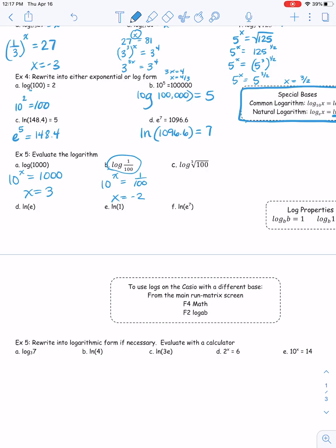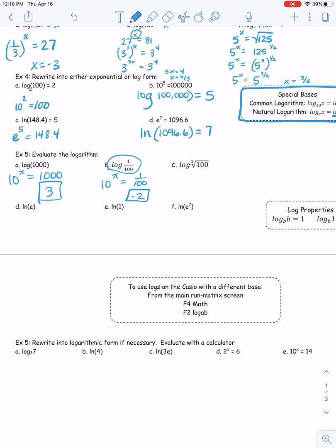You're evaluating that logarithm, so you would just put your answer as -2. And over here, you would just say my answer is 3. When you're rewriting it in the exponential and you're using that x for the exponent, you're solving, that's fine. But you don't want to say that the answer to the original problem is x equals 3 because there's no x in the original problem.